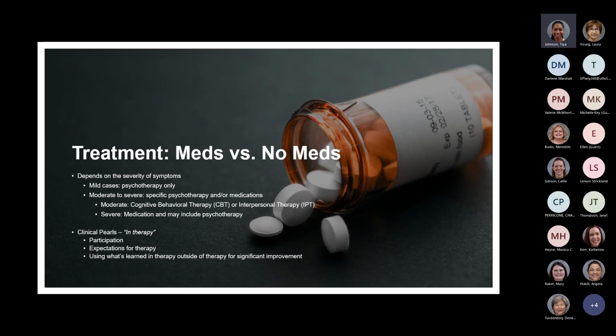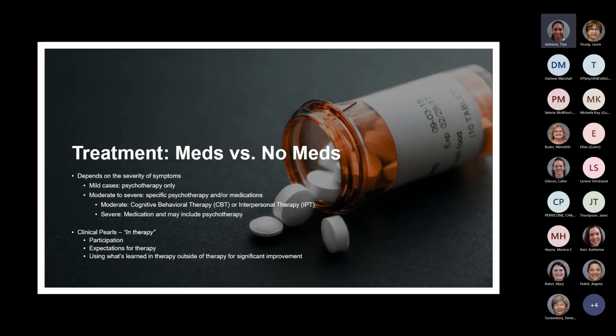If things are not getting better in those mild cases and you've tried to address those things, we need to again reevaluate and see what else is going on. Now, in moderate to severe cases, psychotherapy and or medications may be warranted, and it really just depends on what's going on. With moderate cases, they may respond to cognitive behavioral therapy or CBT or interpersonal therapy, what we call IPT, by themselves without medications or in combination with medication.